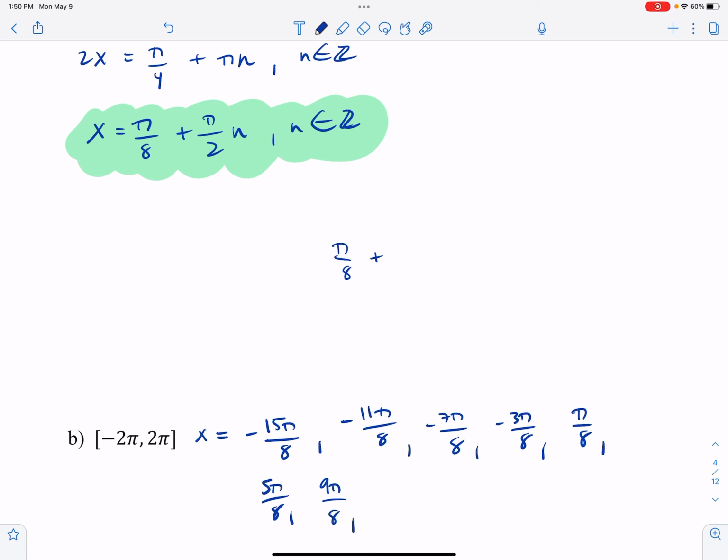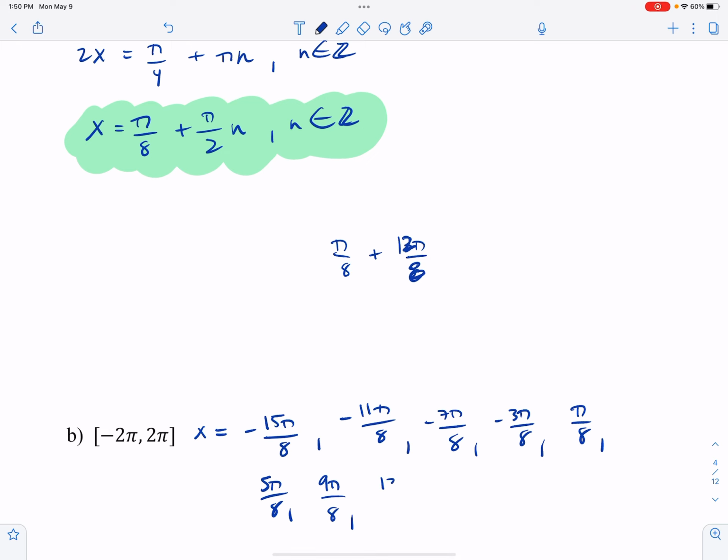And if I let n equal to 3, that would be plus 12 pi over 8, which would be 13 pi over 8. And I know that 16 pi over 8 would be 2 pi, so we're still okay.